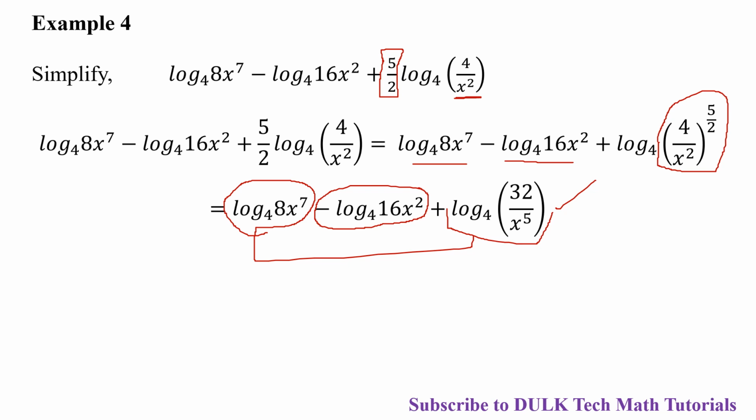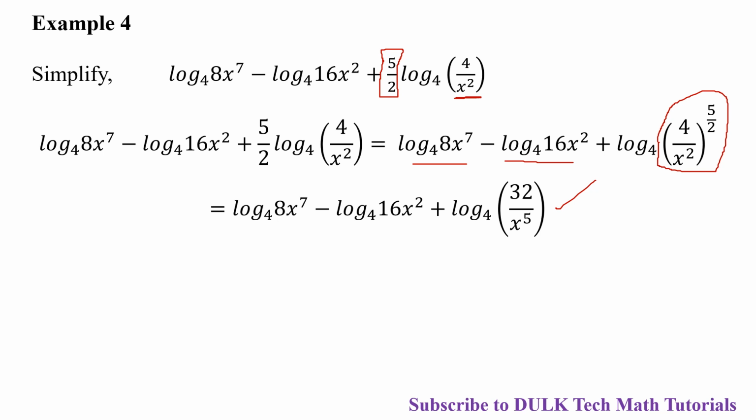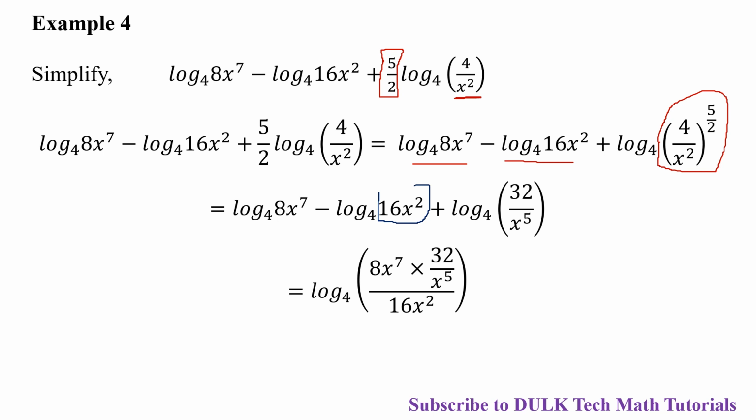So we can apply the laws of logarithms at the same time, simplifying both the two that are adding and this one which is subtracting. So since this one is subtracting, this one will be in the denominator, like this, and this one is being added to this one.